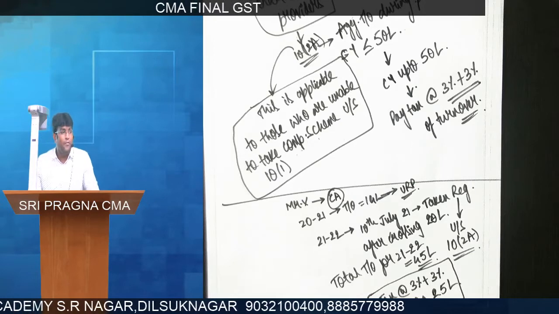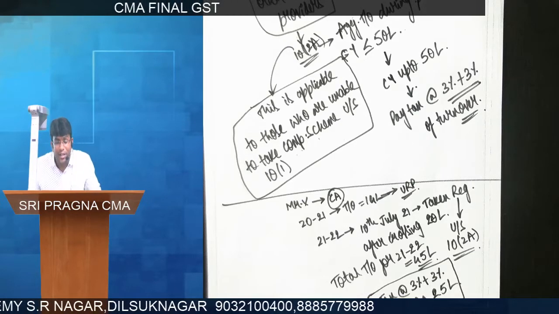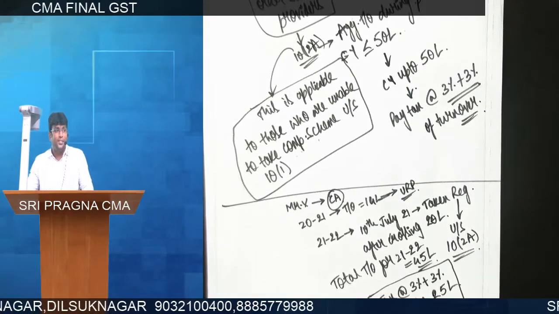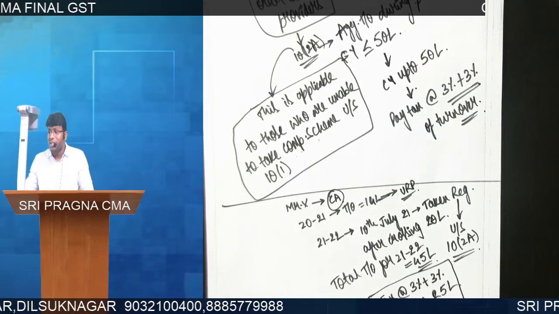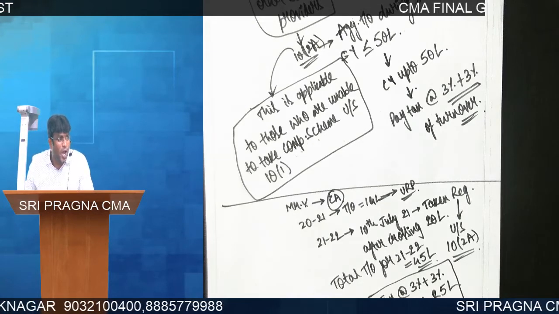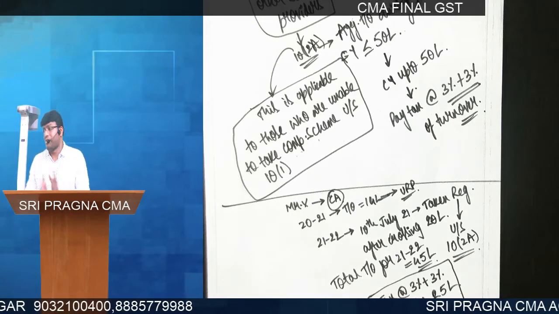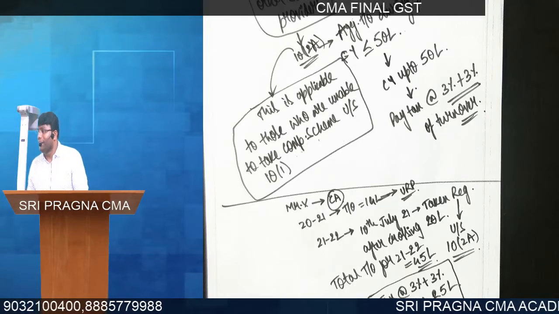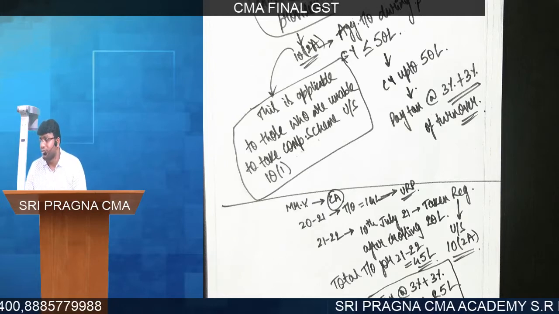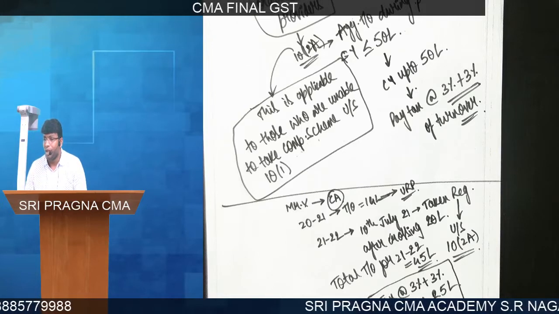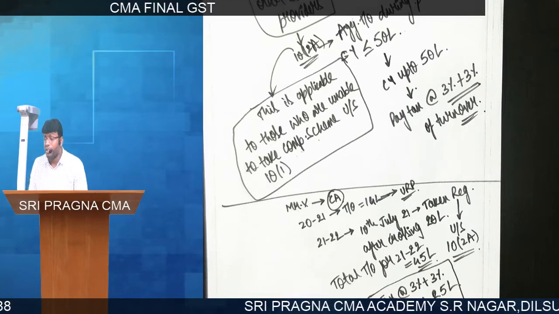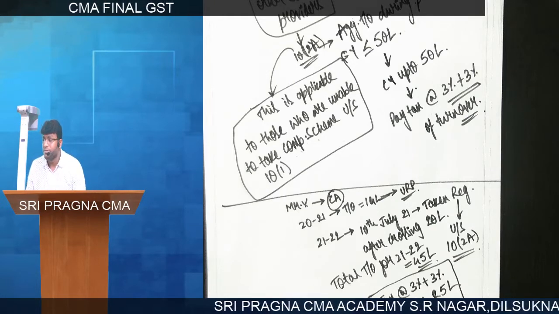So from the first day of April till the date you are not liable to be registered, whatever turnover you do, you need not pay any tax. Because the story of paying tax will start only after you cross 20 lakhs. Are we understanding this concept, everybody?